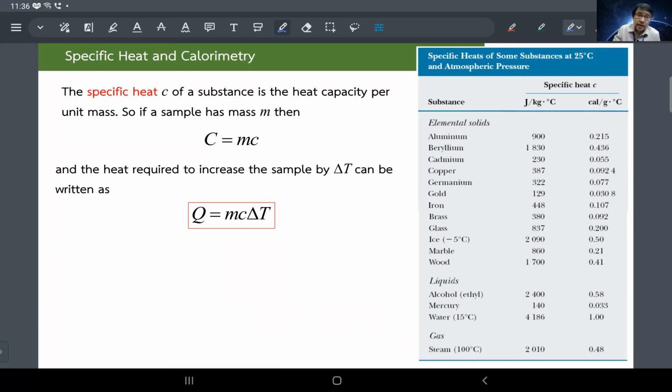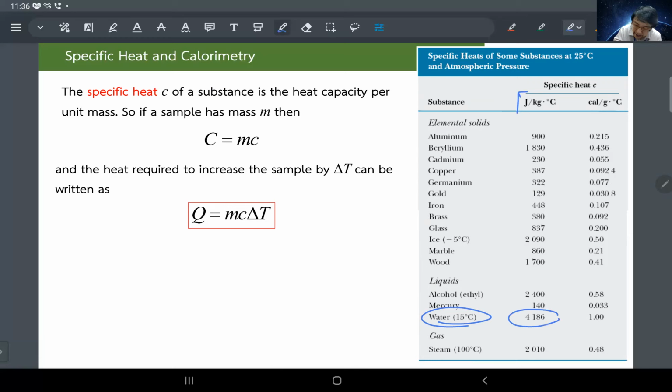So instead of talking about the heat capacity of that object, it's easier to talk about the heat capacity of specific types of material, and then you multiply by the mass, how much you bring in. For example, for water, no matter what water in this world or this universe, it will have this much heat capacity per kilogram.